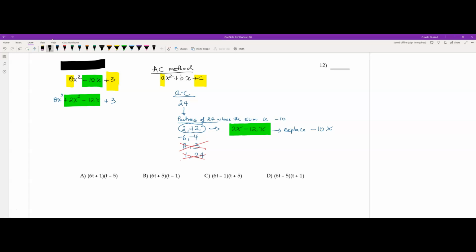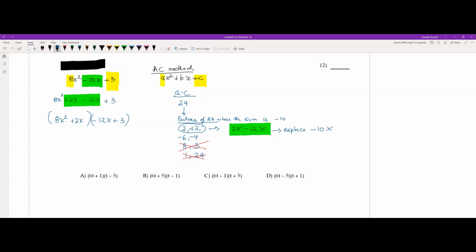So I'm going to rewrite this here: 8x squared plus 2x minus 12x plus 3. So I'm grouping this, I'm grouping this. I'm sorry, I put the 2x squared here, which is wrong. Sorry. Okay, now it's correct.